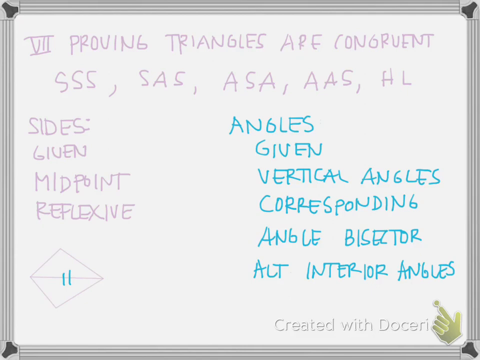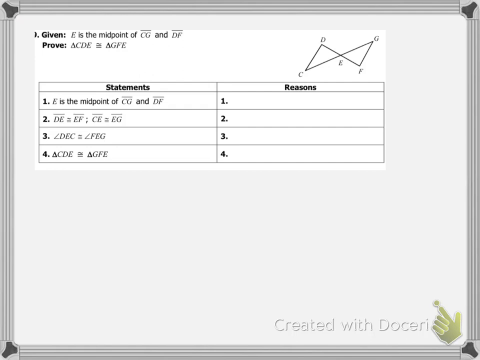Okay, so let's go ahead and show that two triangles would be congruent. Let's do this one here. E is the midpoint of CG and DF.